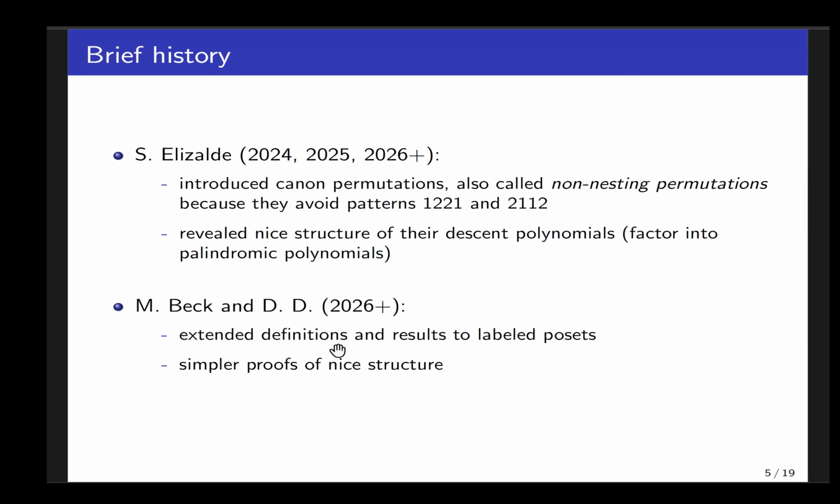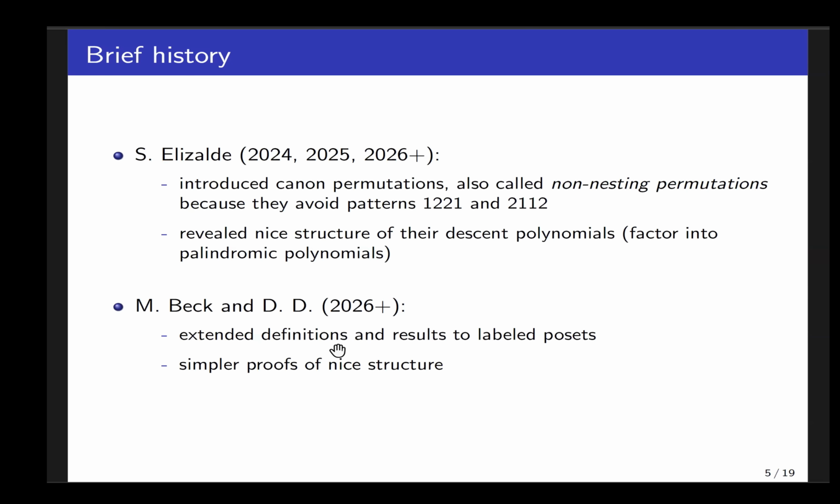So if you're familiar with that, you will see that from the definition in terms of up steps and down steps of Dyck paths, I can never obtain these patterns. And so they're also called non-nesting permutations, for the record. And so Elizalde studied their descent polynomials and noticed that they have very nice structure.